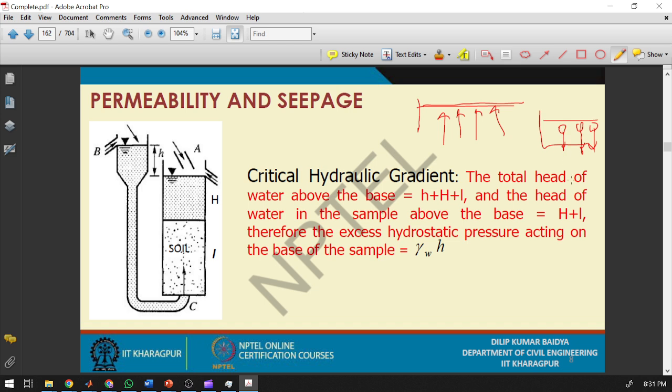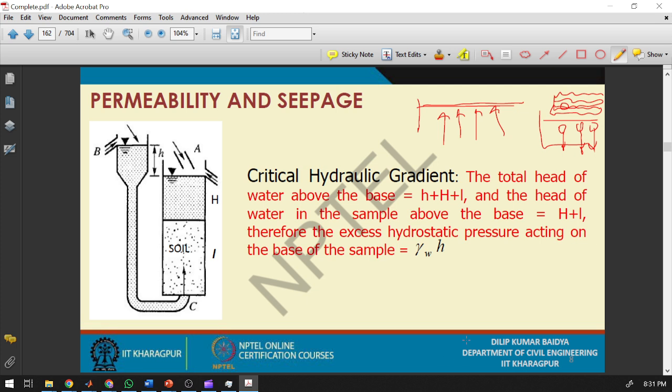They are weighing less, and if the seepage pressure is high enough, they can act as a fluid. That is what happens when you have liquefaction of sand, especially in earthquake zones, or when you have quicksand.